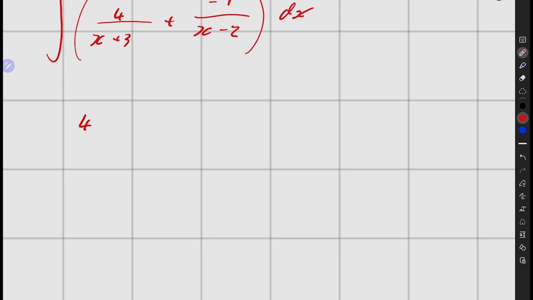Or you can find someone else who can explain it. We're going to be taking logs because it's being divided. So we're going to have 4 multiplied by natural log of x plus 3, minus 1 multiplied by natural log of x minus 2. And don't forget plus c.